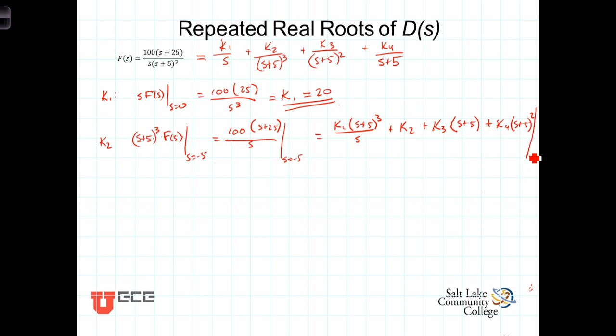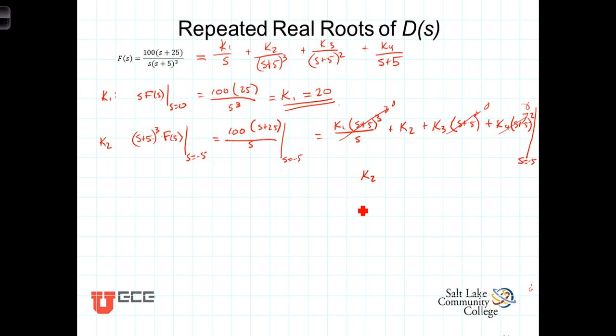And of course, all of this is also going to have to be evaluated at s equals minus 5. As you can see, when we do this, this term and this term all go to 0, and we're left simply with k2 on this side.